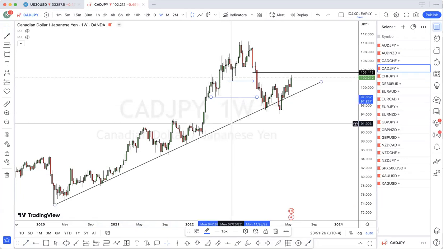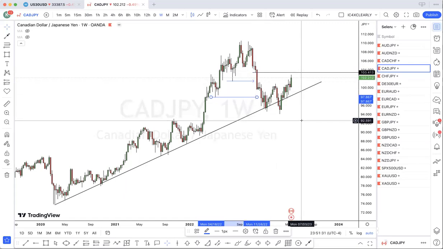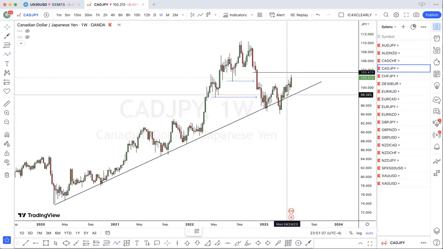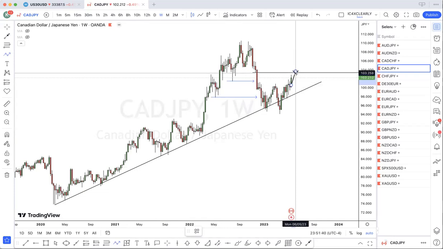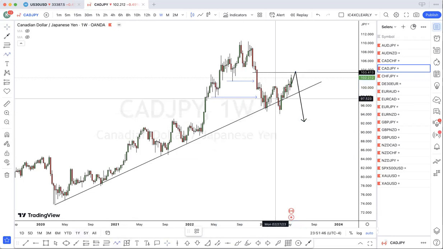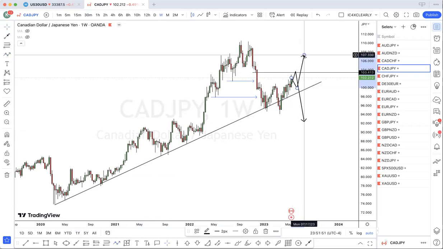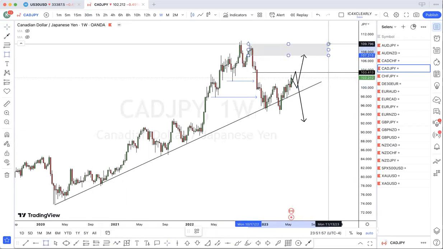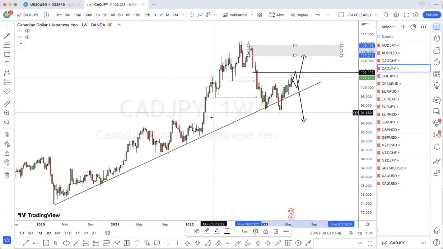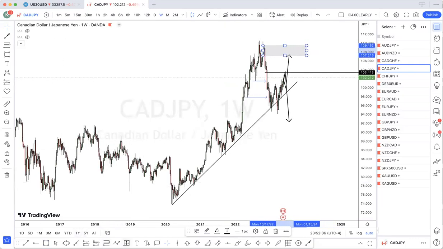So my guess is price may pull back to fill this imbalance and then continue to the downside, or price may pull back a little bit, buy up to this area of supply, and then possibly sell from there.